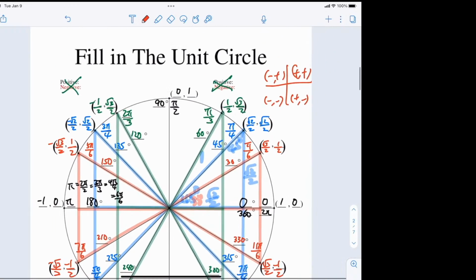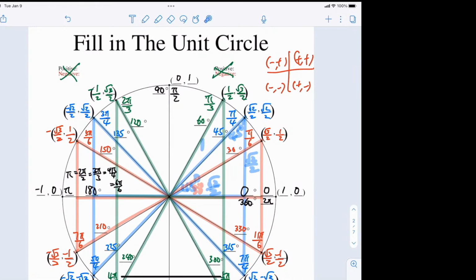He looked at pi over 3 and got the sine, the y value. Now, you have to understand that all the pi over 3 angles have the same exact value. It may just be positive or negative.